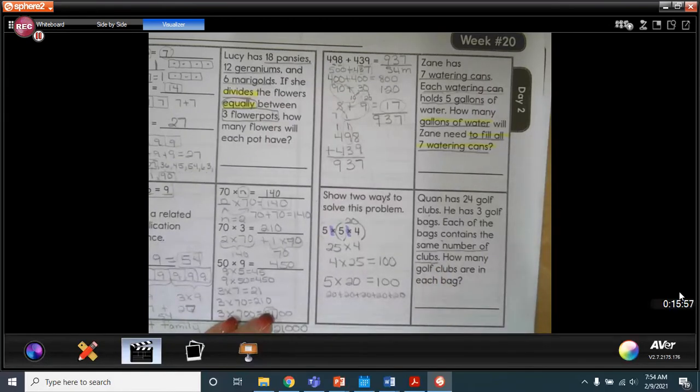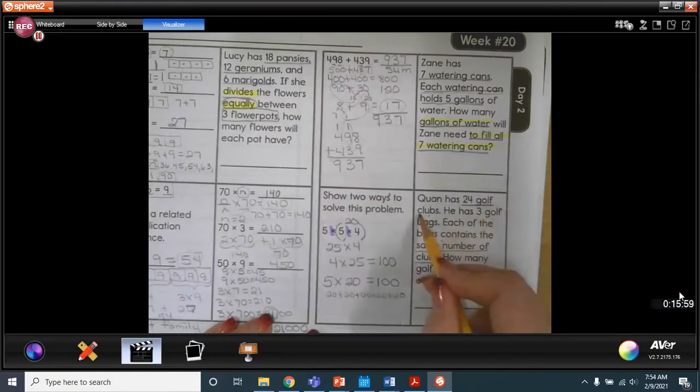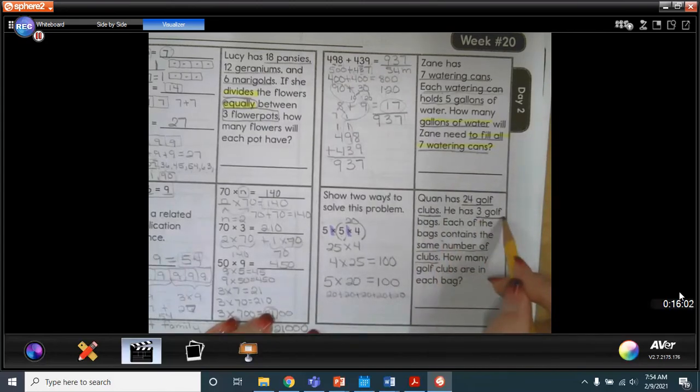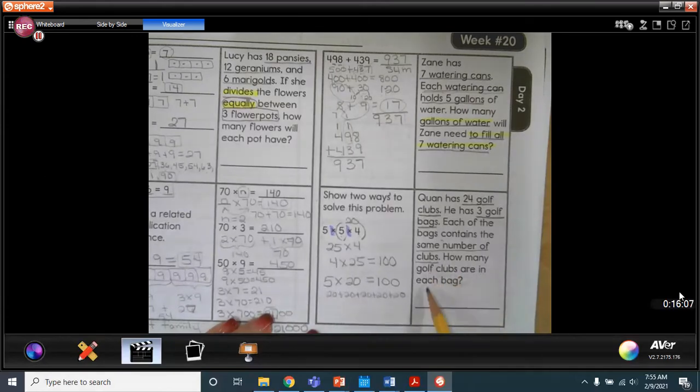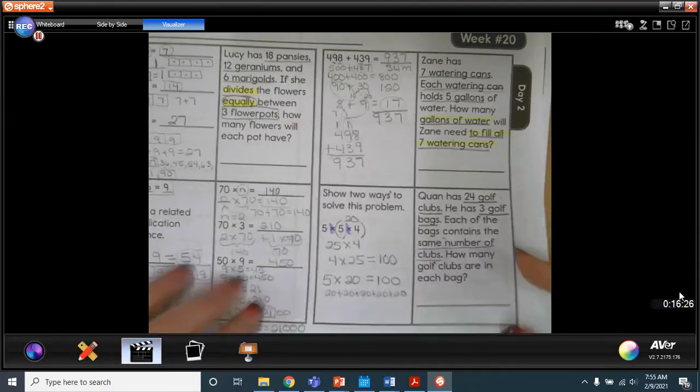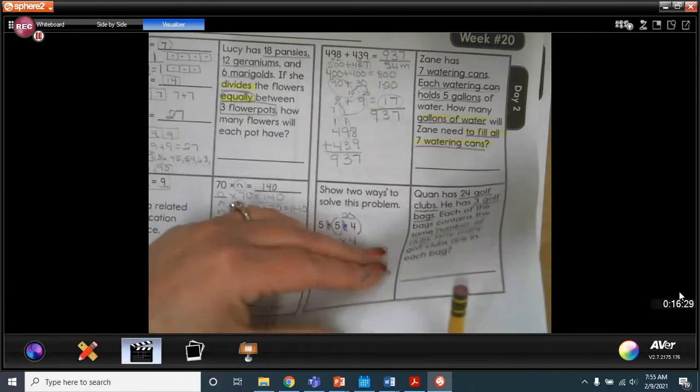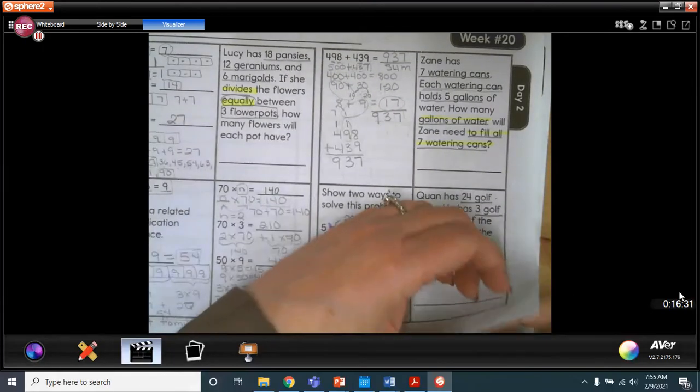Sounds like we're breaking up and sharing these golf clubs into the 3 bags. Well, let's read our question. How many golf clubs are in each bag? So yes, this sounds like a division problem because I know my total number of objects. I'm breaking or sharing them equally by saying the same number of clubs in each bag, and these are my groups. So again, I'm going to take the back of my paper and I'm going to show my work.